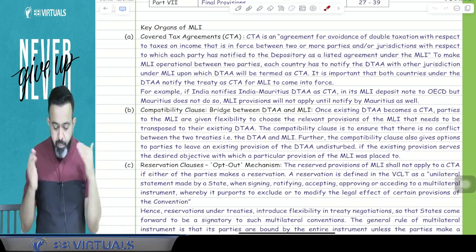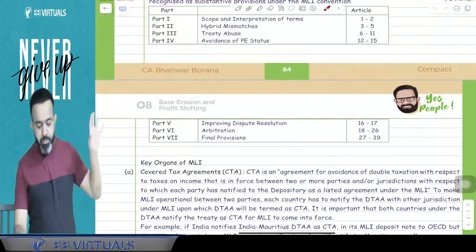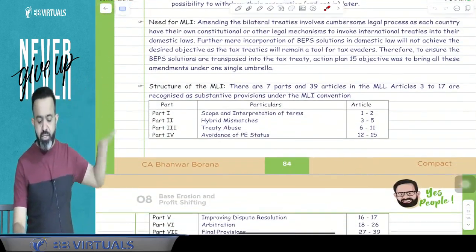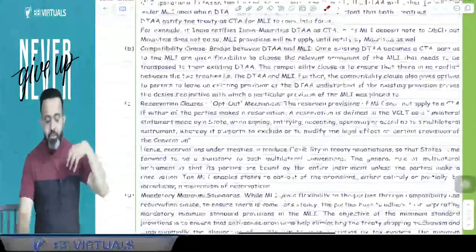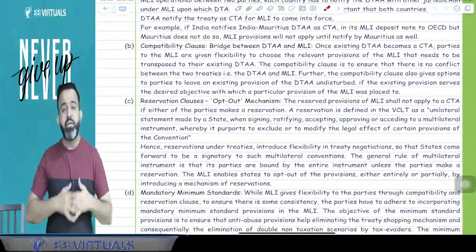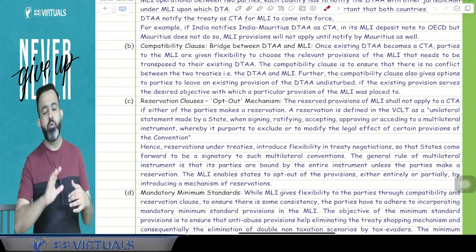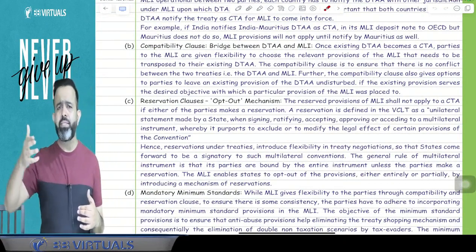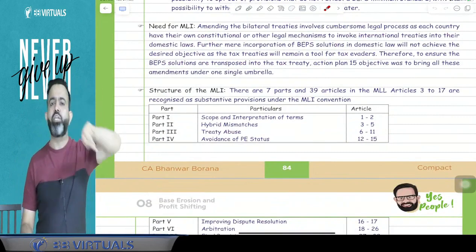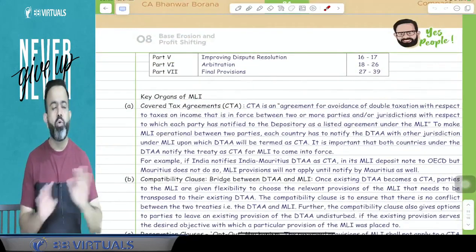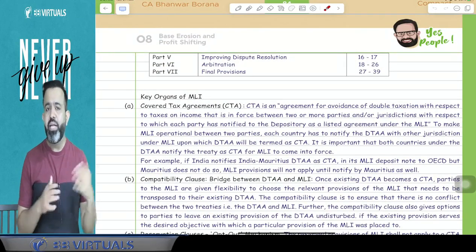After that, there will be a compatibility clause. Compatibility clause means, guys, the multilateral instrument has certain articles, so we can make one compatibility clause as well as a reservation clause. Reservation clause means, for example, in the India and USA agreement, suppose we don't want to follow certain action plans, such as action plan number 2, hybrid mismatch arrangements, or action plan number 4.